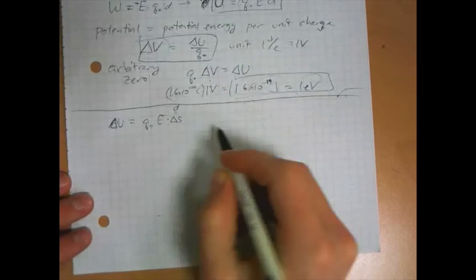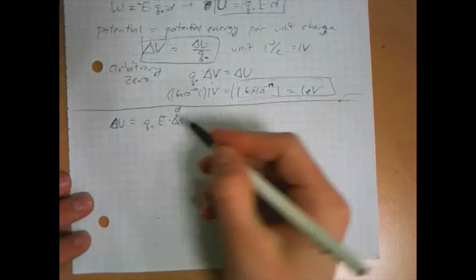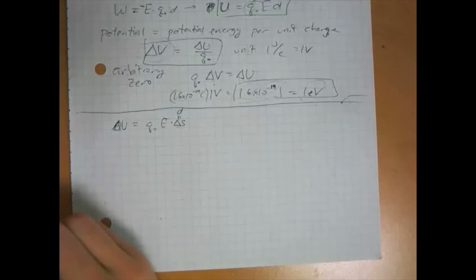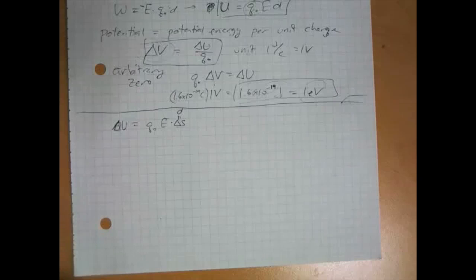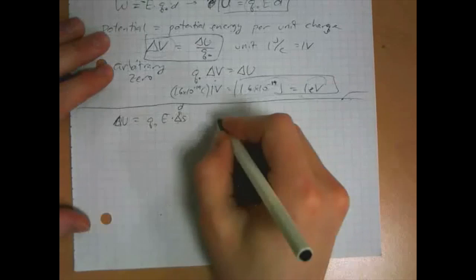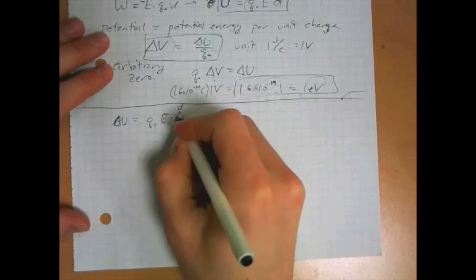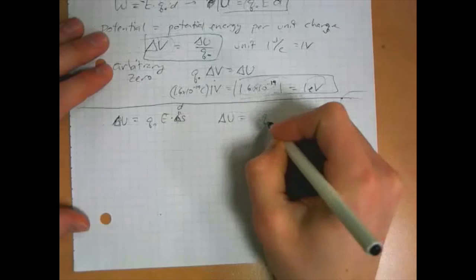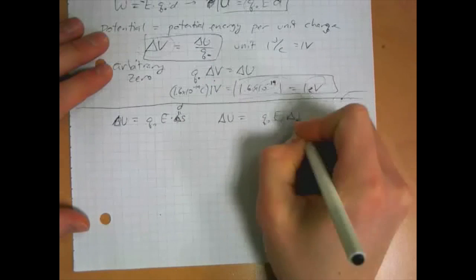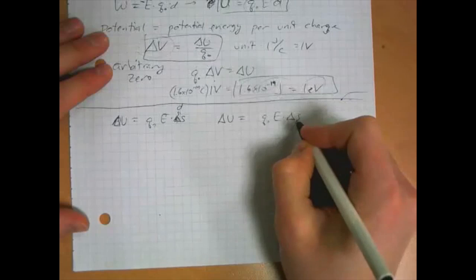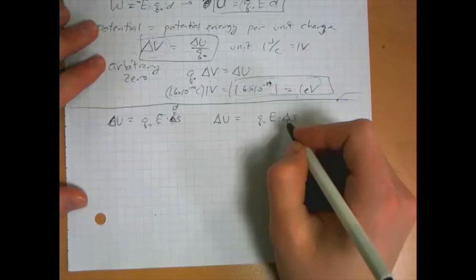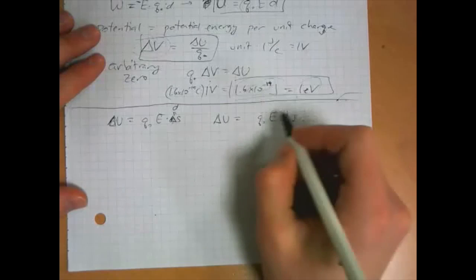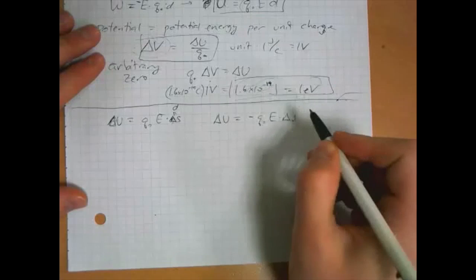It's just that S is typically used for a displacement vector. And so a change in U is equal to Q naught E delta S. And if we define delta S to be positive in the same direction as the E field, then we have to throw a minus out front here.